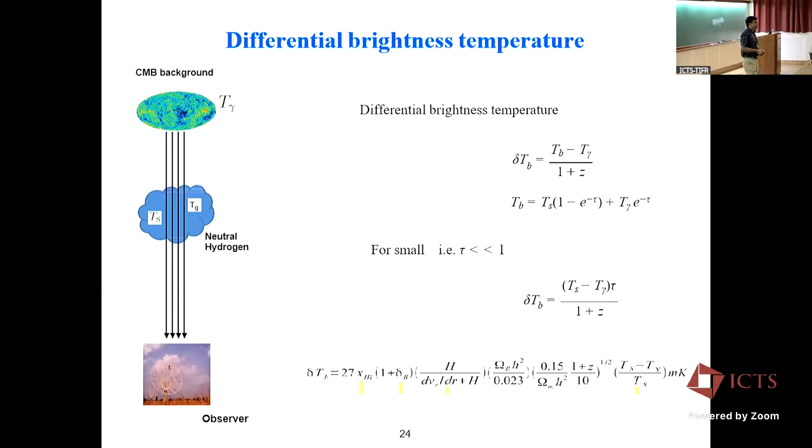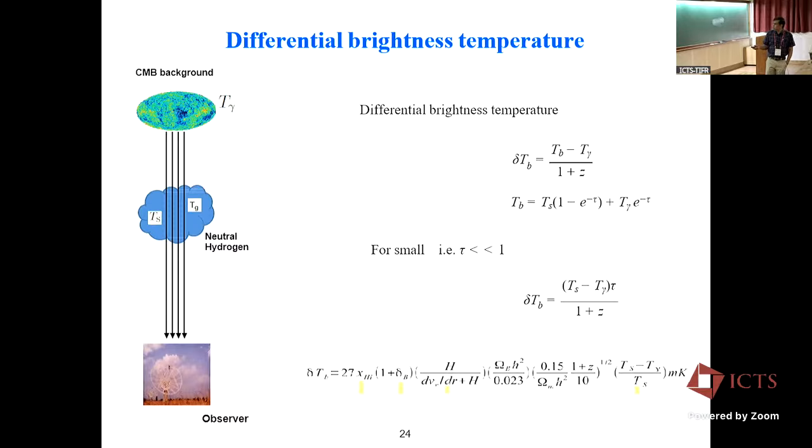Now the final part. As I said, we are interested in the difference with respect to the CMBR, because we want to know the impact of the neutral hydrogen, and that's how we can probe the neutral hydrogen. So the differential brightness temperature is delta TB.